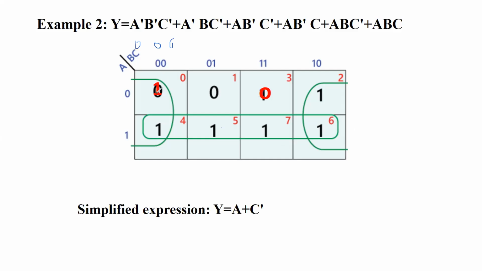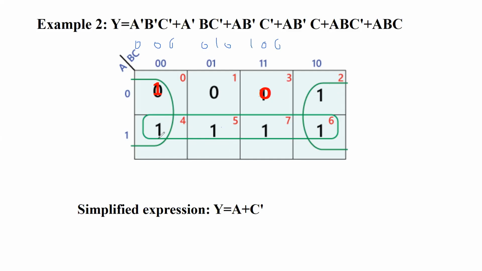Then you have A dash B C, that is 0, 1, 0. So 0, 1, 0 is over here, that is my min term 2. Make a 1 over there. Then you have A B dash C dash, that is 1, 0, 0. So 1, 0, 0 is over here, that is my 4. I mark a 1 over there.